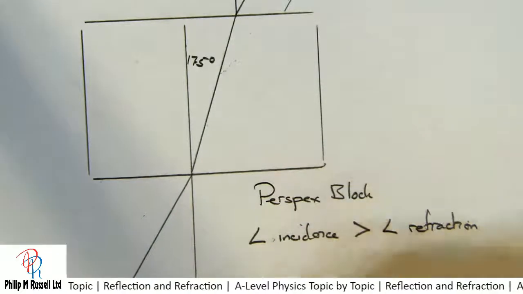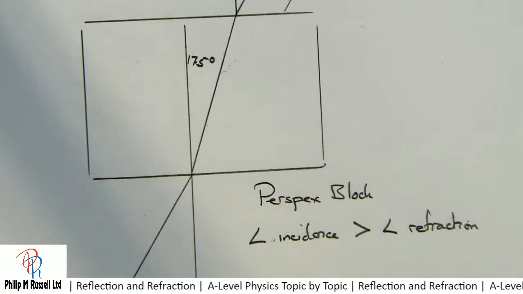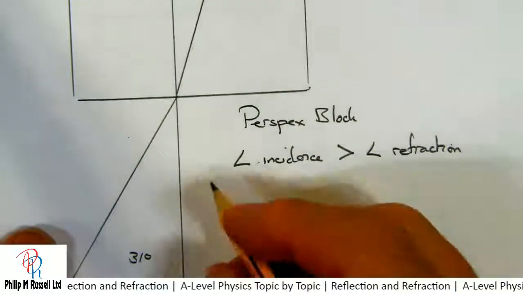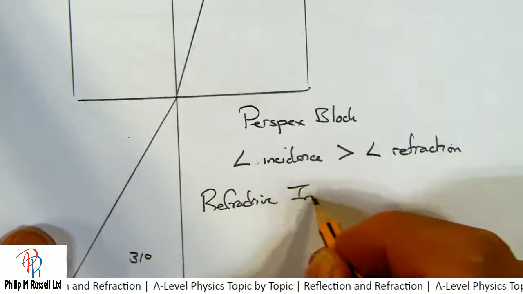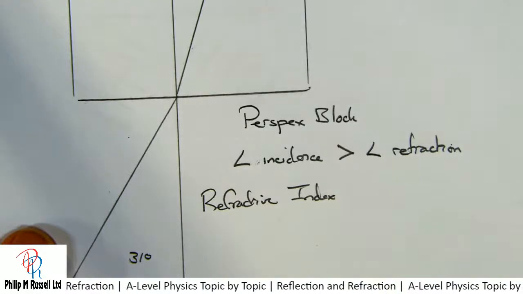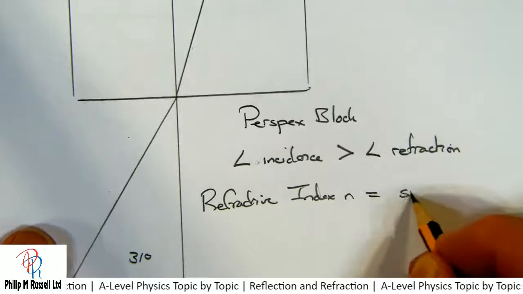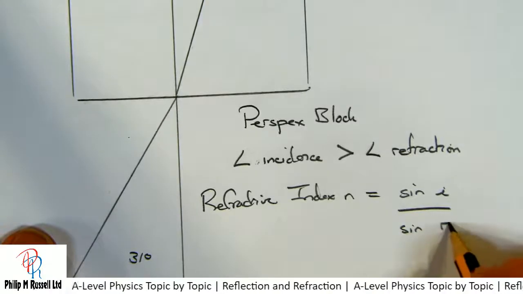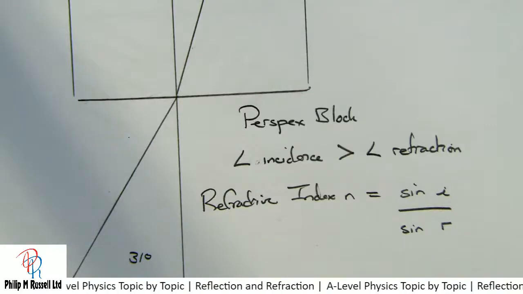We're going to work out the refractive index of a substance, and I can say that the refractive index of a substance, and I'm going to call that N for no other reason than it's normally called N, is the sine of the angle of incidence over the sine of the angle of refraction. Let's see if we can work this one out.